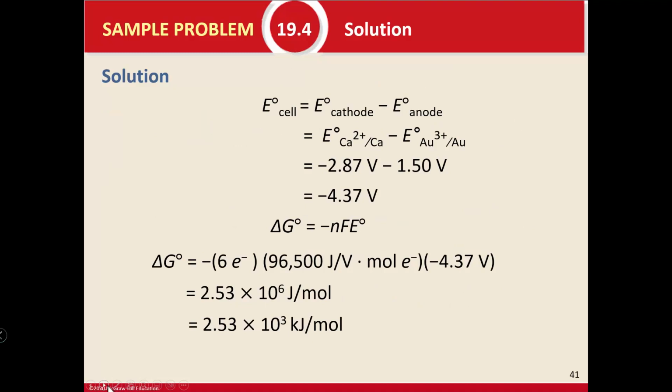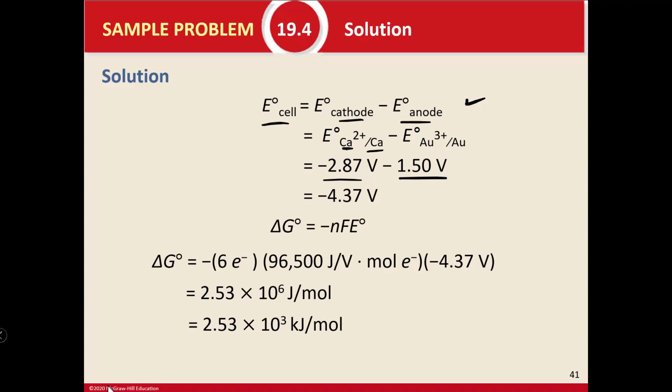So from our previous slides, we know that the standard cell potential is always cathode minus anode. So we put in the negative 2.87 for the cathode, where the reduction of the calcium 2 positive ion to calcium is happening, minus the anode, where the oxidation of the gold is going to gold 3 positive.